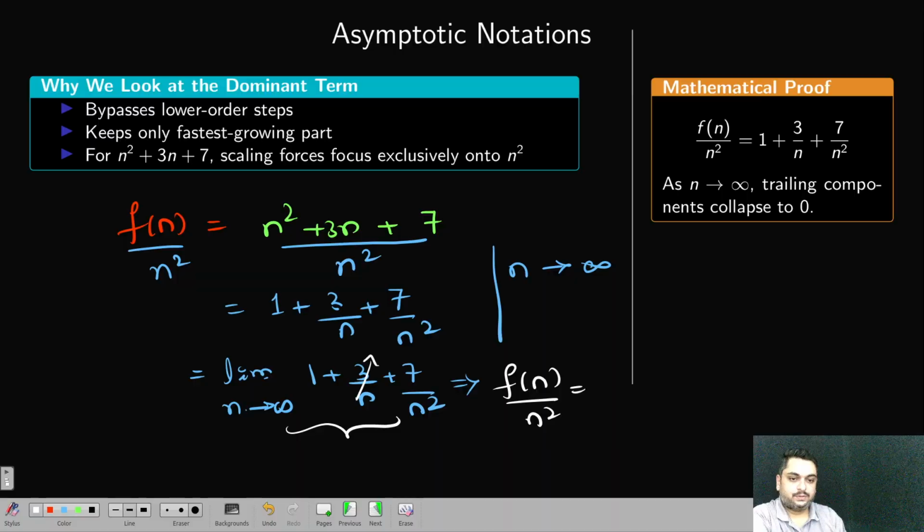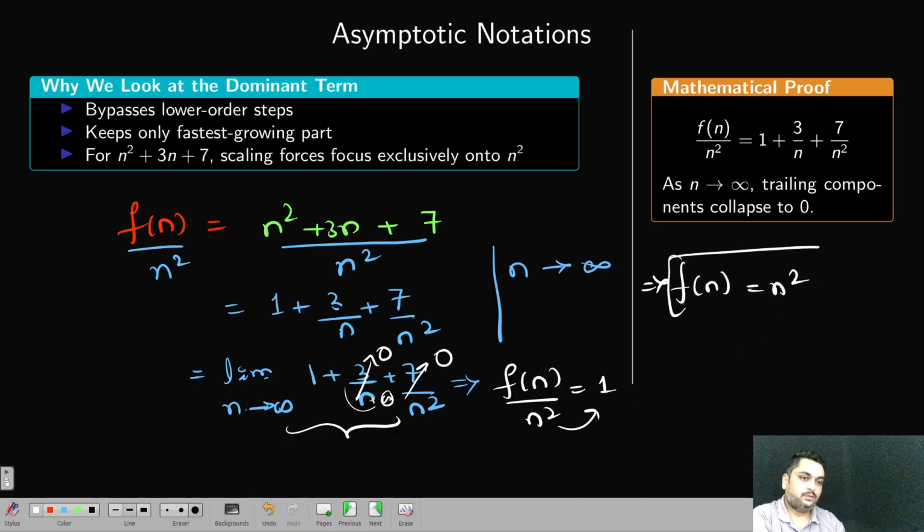The 3 by n term, if I put infinity for n, becomes 0. Here also it becomes 0. So the limit evaluates to 1. Now this implies f of n is equal to n square. So we have proved mathematically that the dominant term matters, the order of growth.